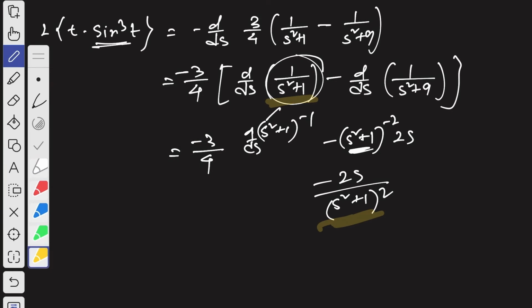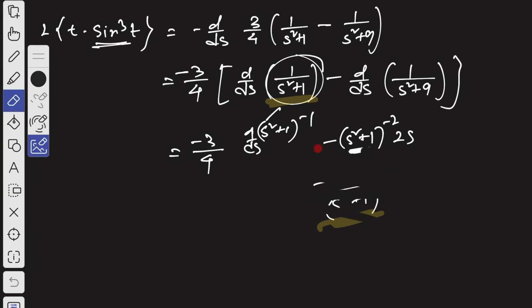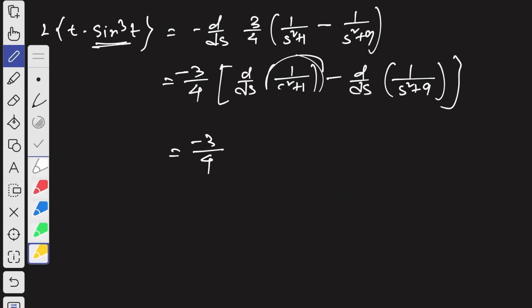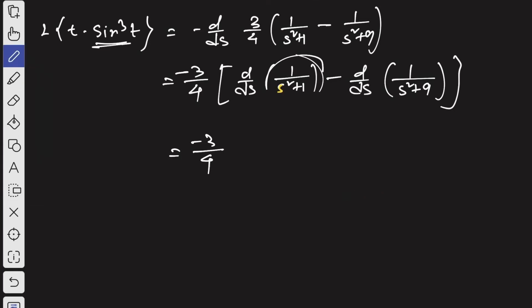Let me clean this. What we have got, let me put that directly. We will get minus twice s by (s square plus 1) whole square.